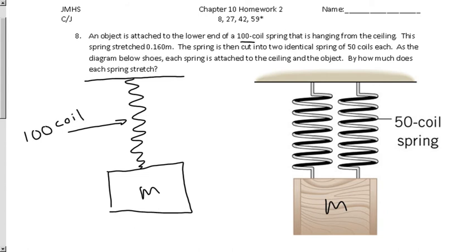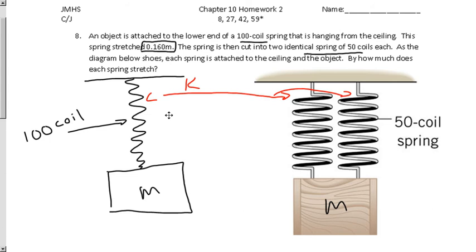We know that the 100 coil spring is hung from the ceiling and it stretches 0.16 meters, and then it's cut into two identical springs of 50 coils each. That line right there tells you that the spring constant K is the same for each of these springs.